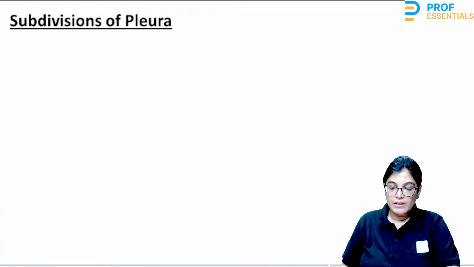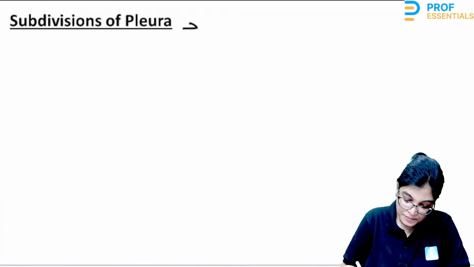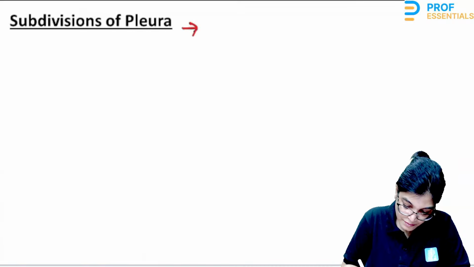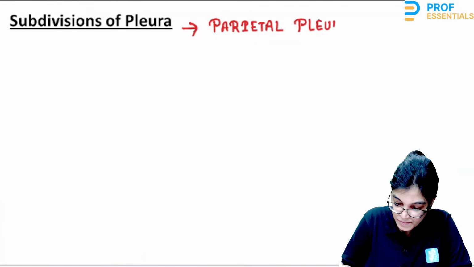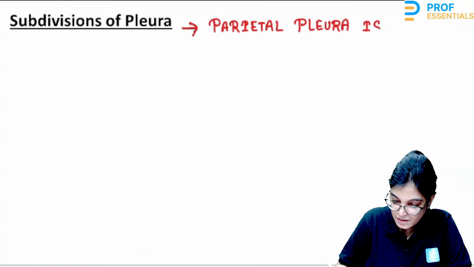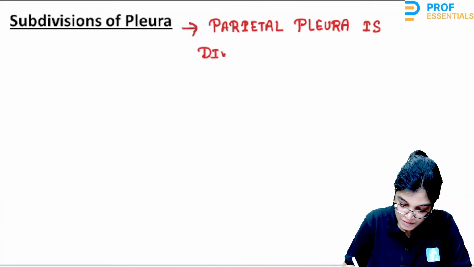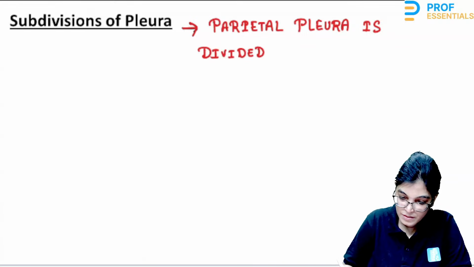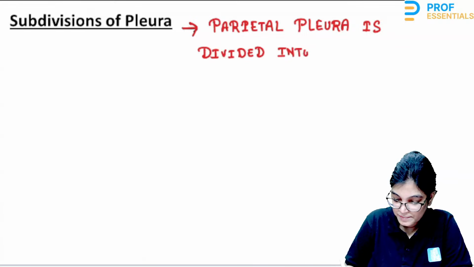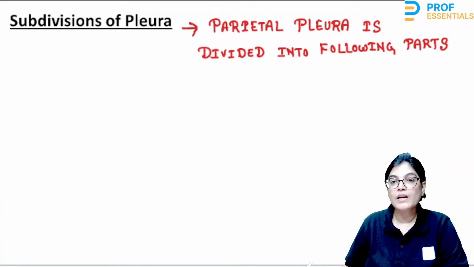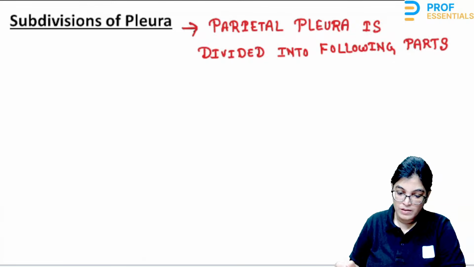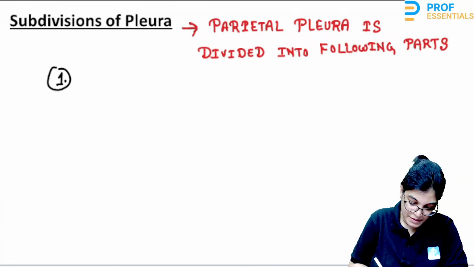The parietal pleura is divided into the following four parts.